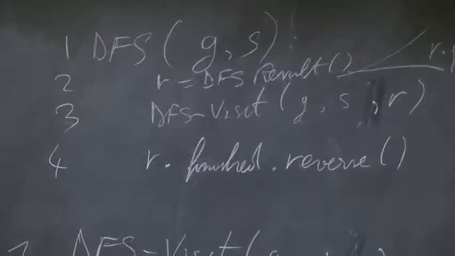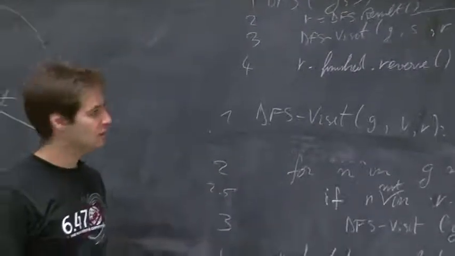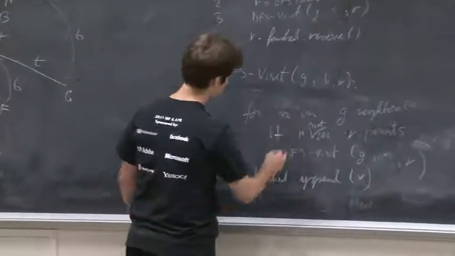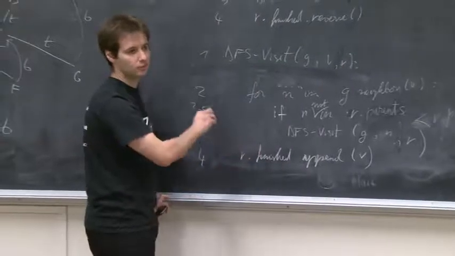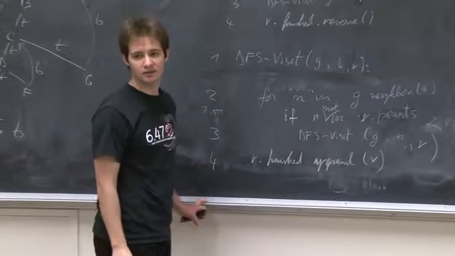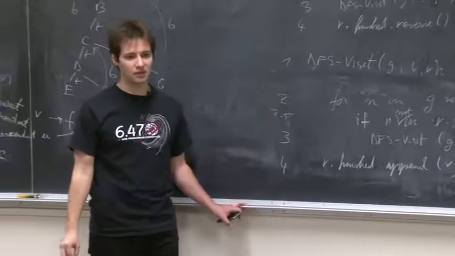Let's figure out why this works intuitively. While we're building the topological sort, we're building the inverse of the final list. So the first thing that we put in the list is the last class we're going to take.